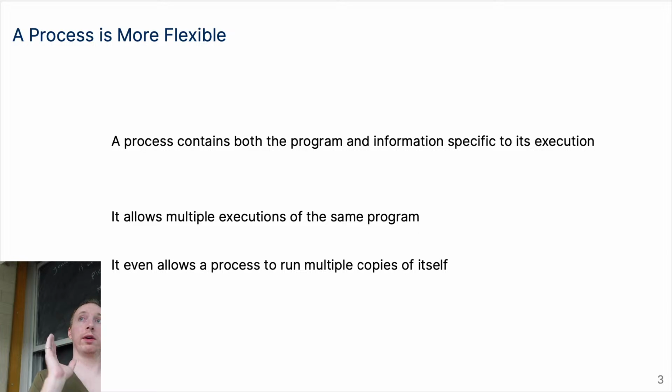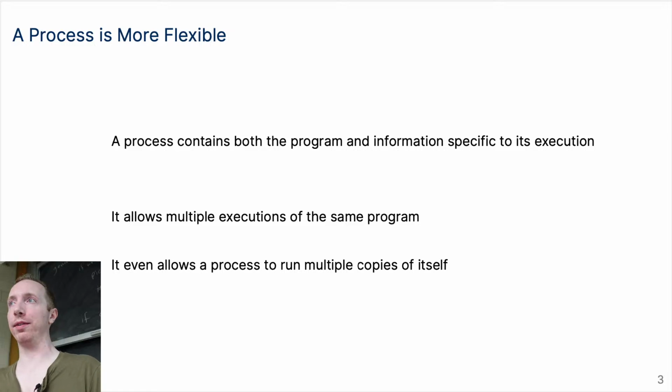Again, where is it executing in the program? Where's the program counter? Maybe what files does it have open? What libraries is it using? And things like that. So you can have multiple executions of the same program, and you can even allow a process to run multiple copies of itself, which we'll get into later when we learn how to actually create processes.